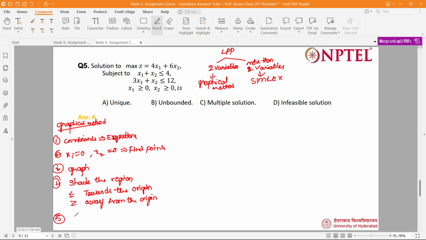Finally, find the common region, that is known as the feasible region, and find out the points of the common region, and then find the value of the objective function at these points.